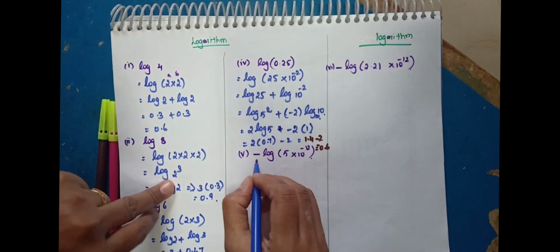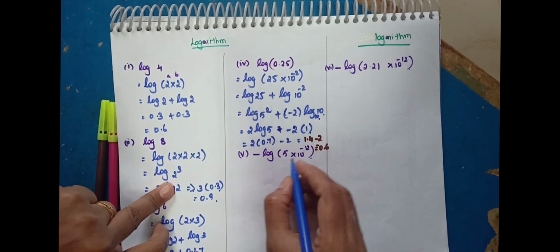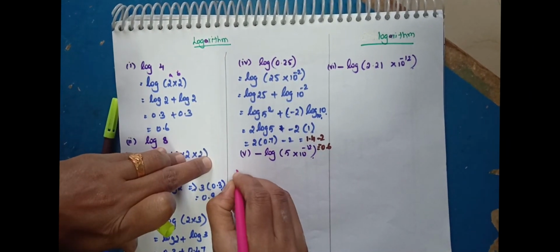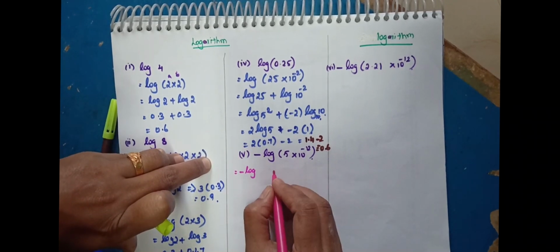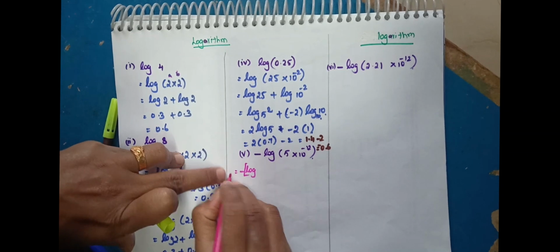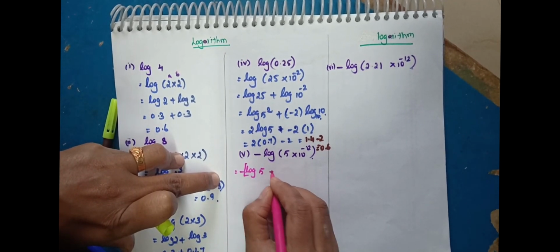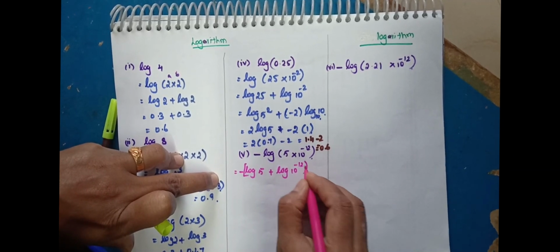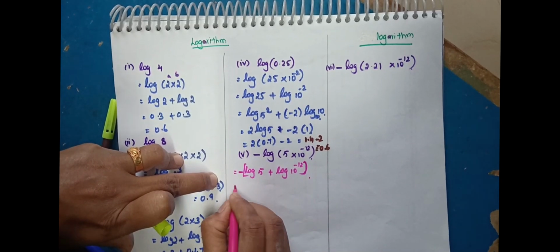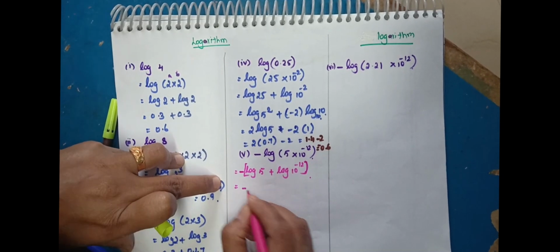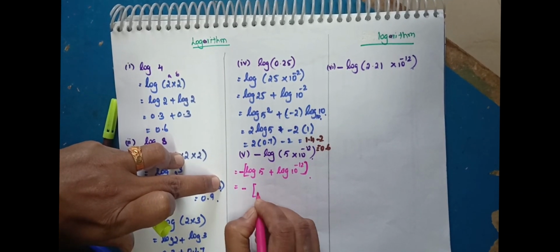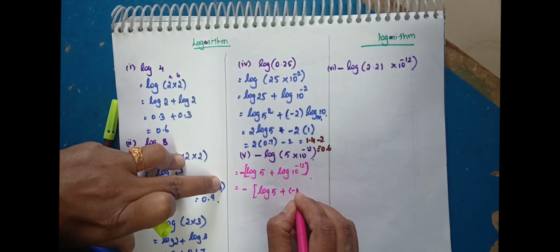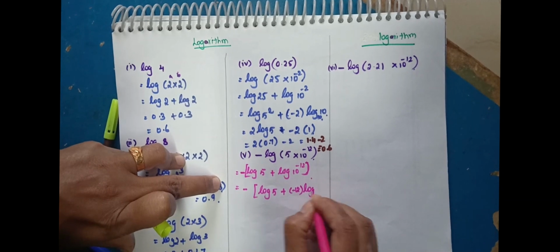Now next problem. This is negative logarithm. Negative log of 5 into 10 power minus 12. So we will make it as negative log of, so negative I am taking outside. So log 5 plus log 10 power minus 12. Negative I will keep as it is on the outside. So negative of log 5 plus, this minus 12 will come to the front, log 10.